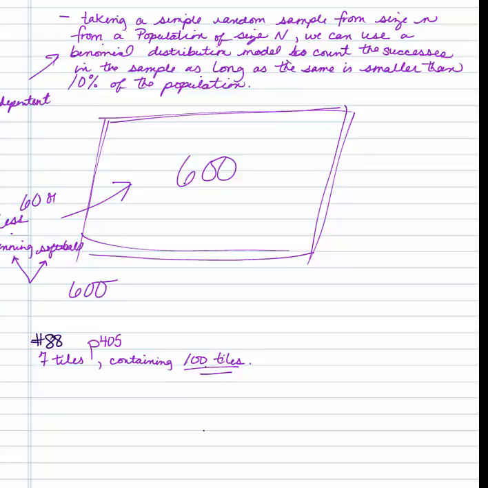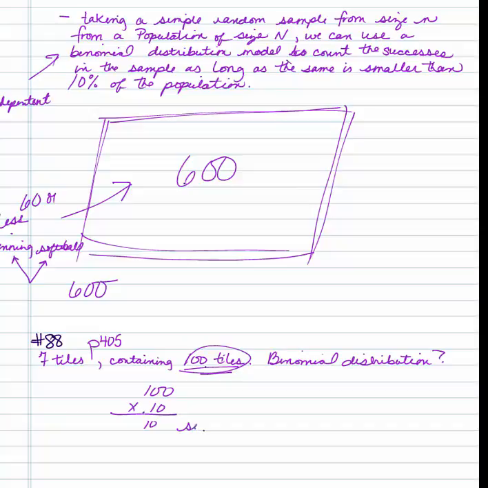Can we use a binomial distribution to approximate this probability? It doesn't actually want you to find it, but can we use a binomial distribution? The 10% rule is to find out what's 10% of 100, and it should be 10.